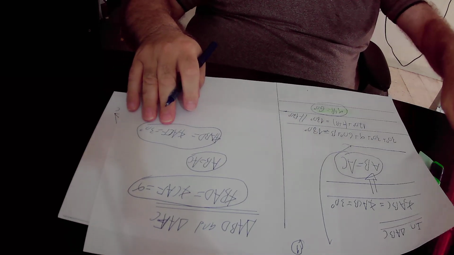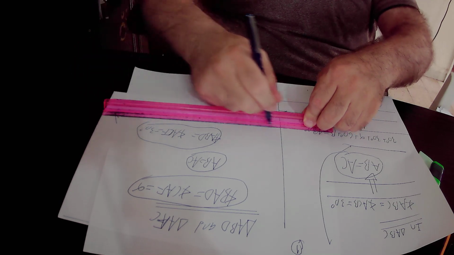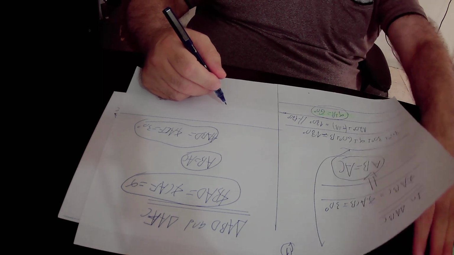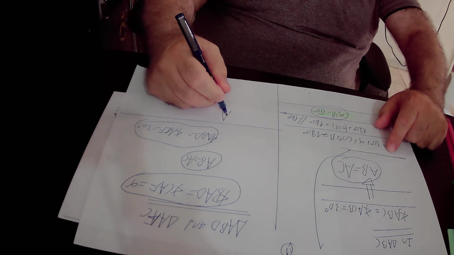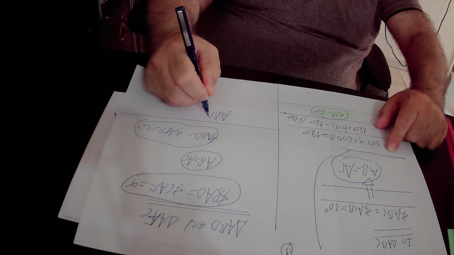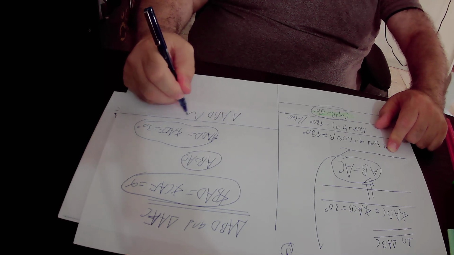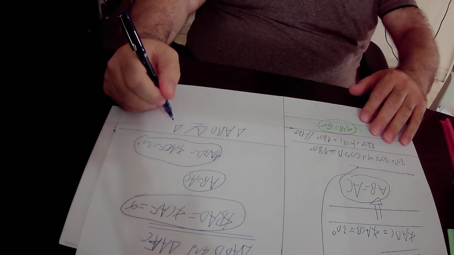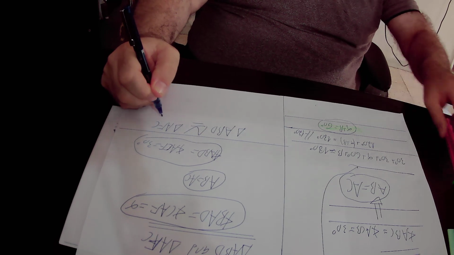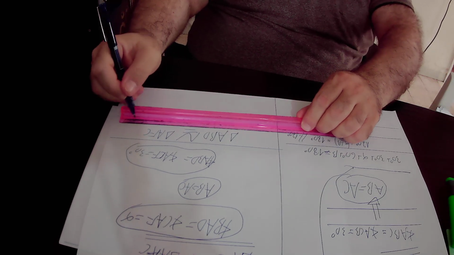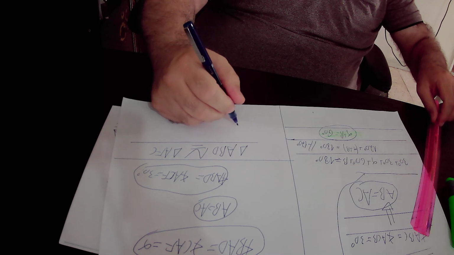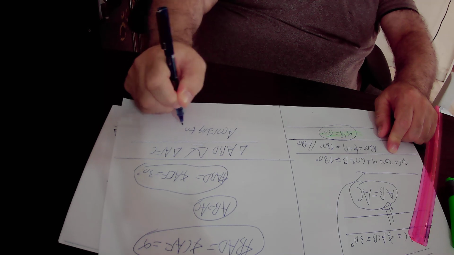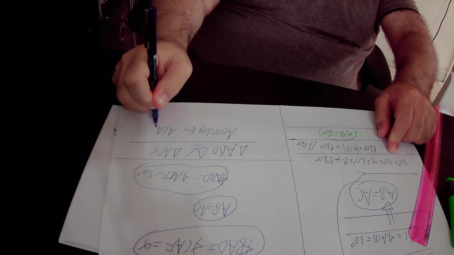So we actually proved that triangle ABD is congruent, this is the sign of congruent, to triangle AFC according to angle side angle rule.